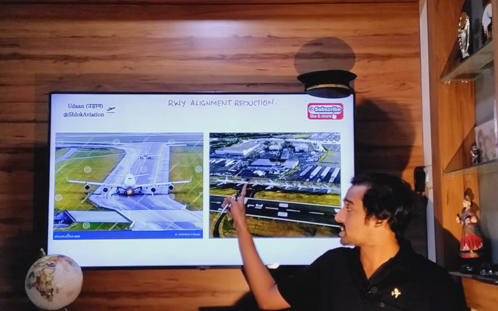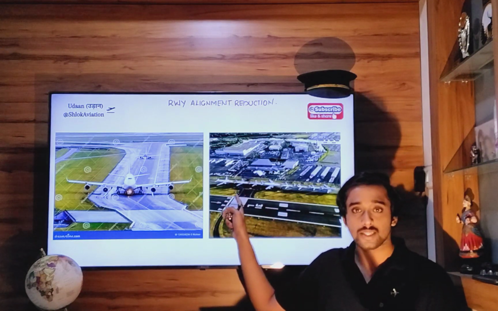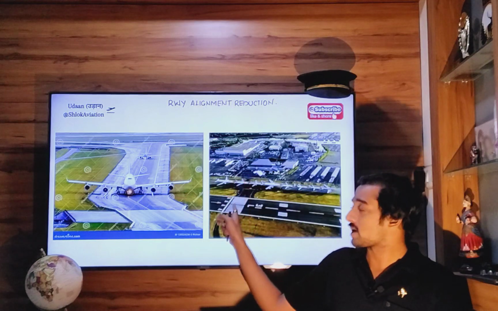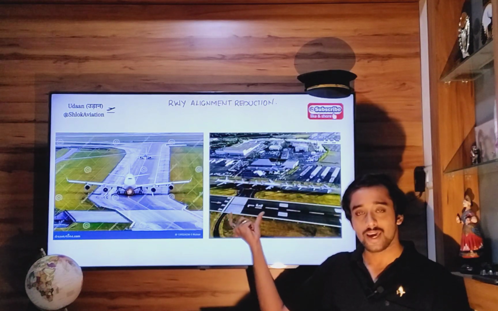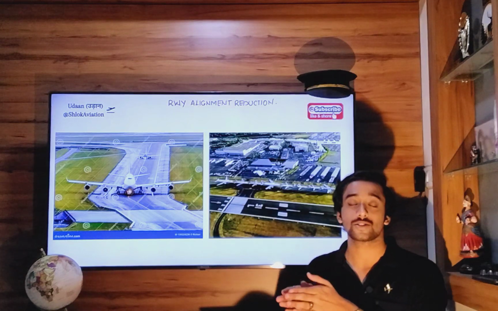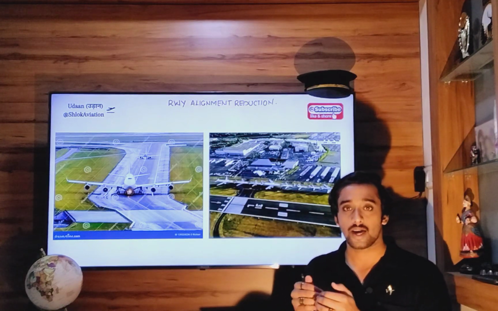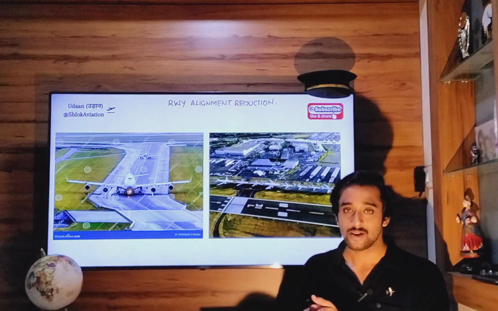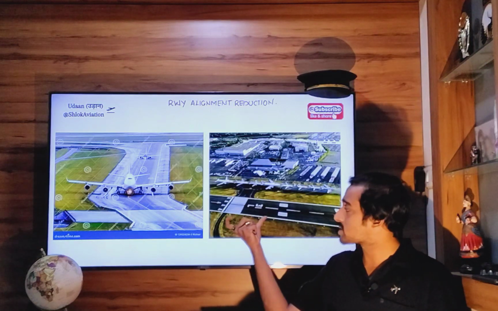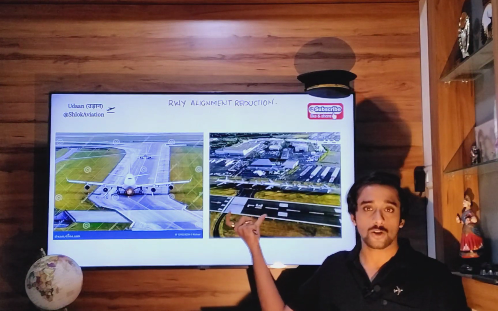The pilot will taxi the aircraft on the runway and consume some initial portion of the runway as it enters and lines up with the runway center line. So this whole process will consume some part of the initial portion of the runway.